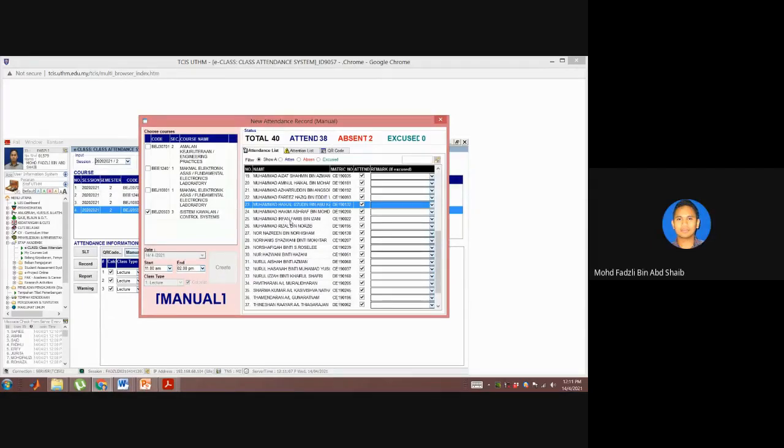Irfan dah ke belum? Dah, doktor. Riza? Dia tak buka mic. Riza ada tak ni?